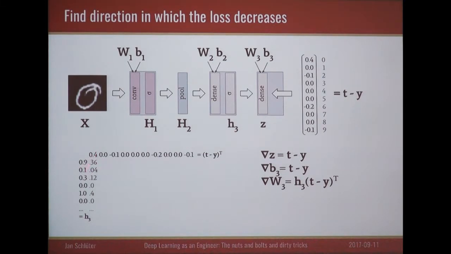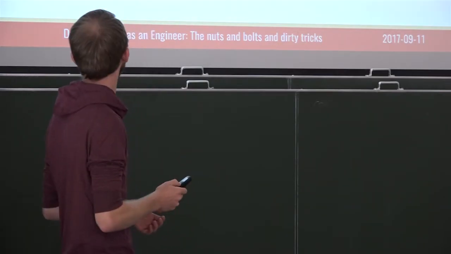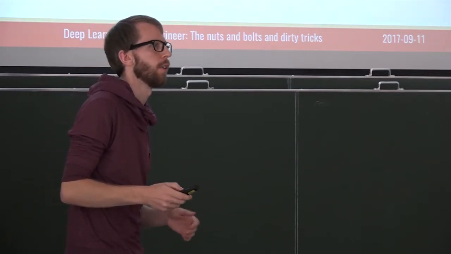We basically just multiply all these numbers and we know in which direction to move the first column of the weight matrix. For the second column, where we don't want to change the output, we don't change the weights at all. And if we want to decrease the output, we make this weight smaller because all the inputs were positive. Alright, so this is basically the gradient of the weight matrix.